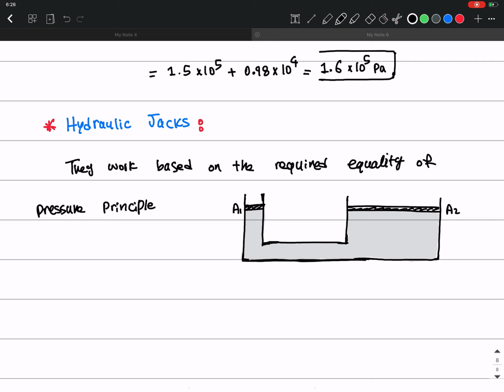As you see, if for example you have this coordinate system and this is z, they are on the same z, right? They have the same depths. So the same depths means that P1, the pressure at point 1, should equal the pressure at point 2, right?